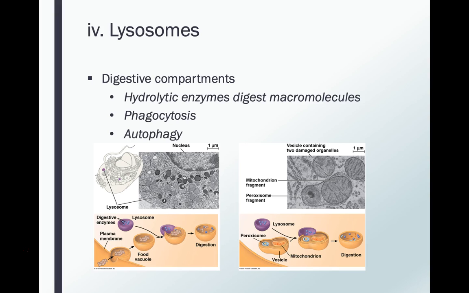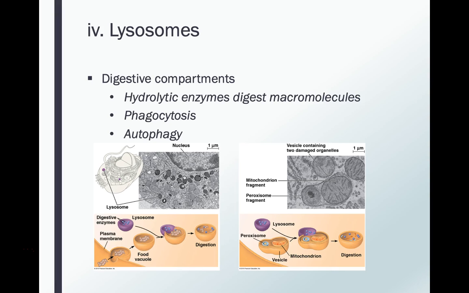In this case, we see the cell absorbing a food particle. It's coming in, the cell membrane forms around it and produces a little pocket. And then it fuses with the lysosome. So that lysosome contains enzymes that are going to break down the food particles. And then the cell can use those broken down products in the cell.